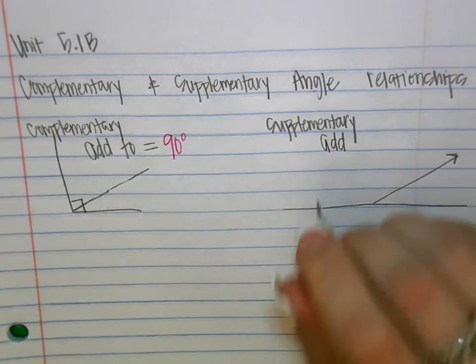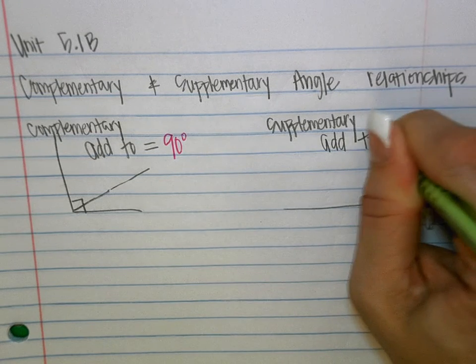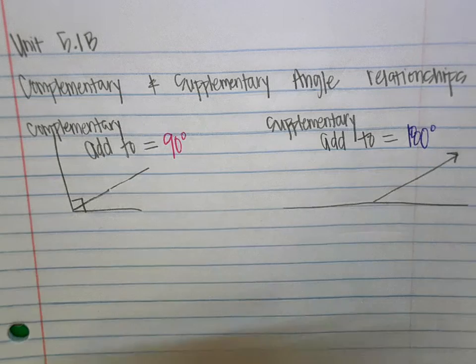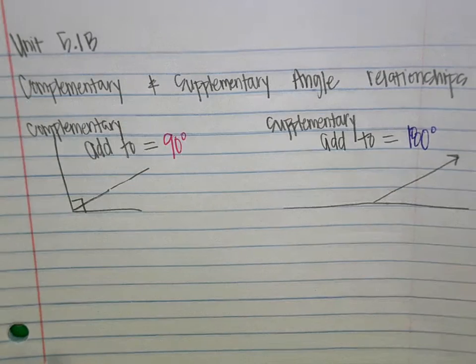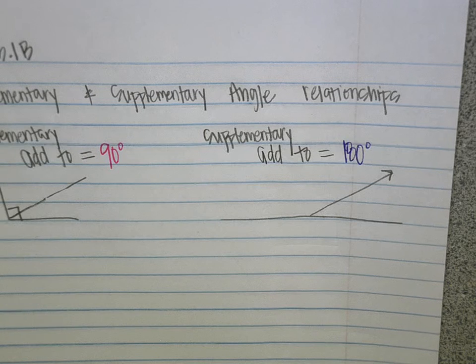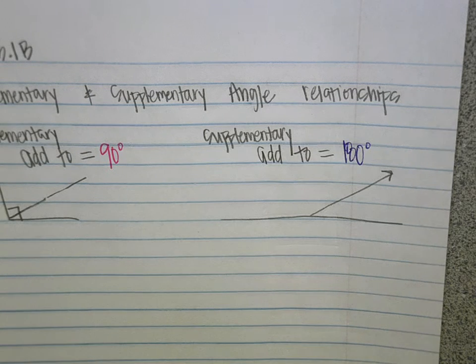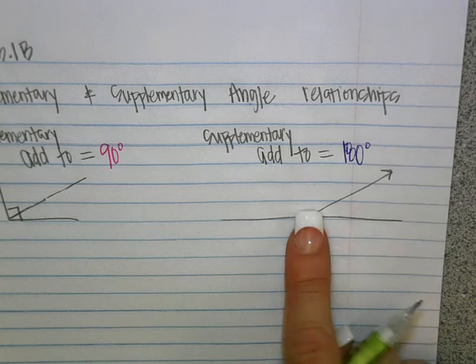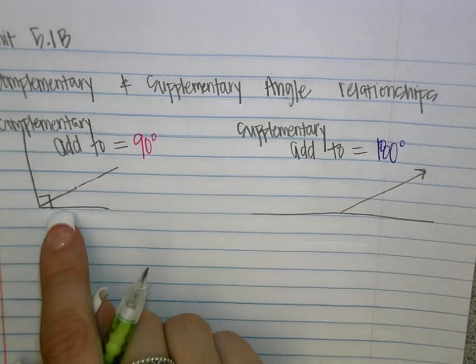Supplementary angles add to equal 180 degrees. Does not matter how many times I cut up this straight line, it's always going to add to equal 180 degrees. So today I'm just going to have two angles, and these two angles add together to be 180. If it's a right angle like this, they'll add together to be 90.